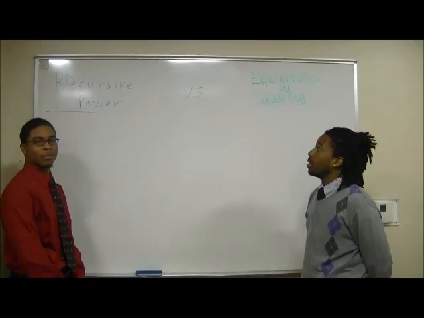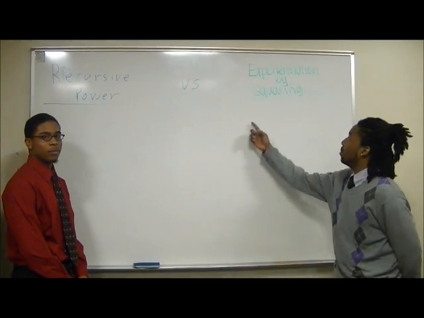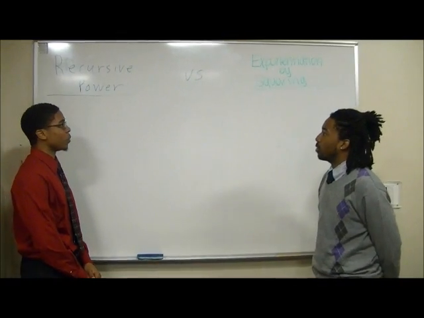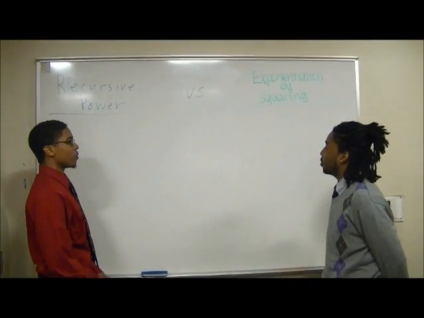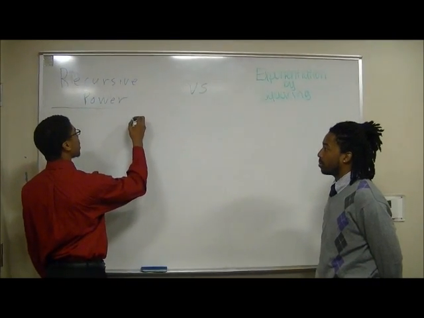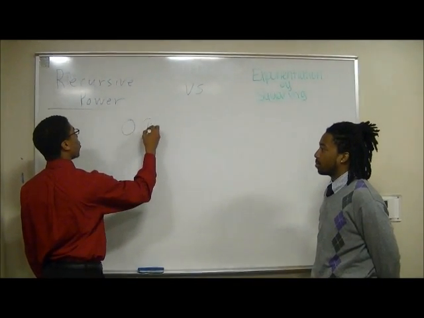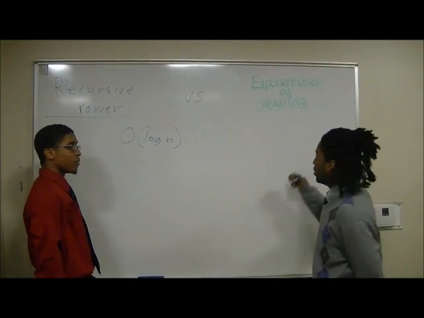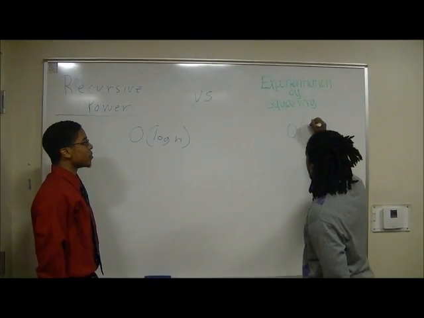We will now try to find out which of the two algorithms we found has the fastest time complexity between the recursive power and the exponentiation by squaring for problem number 3. For my algorithm, the time complexity was big O log of n. And for mine, I have the same, big O log n.